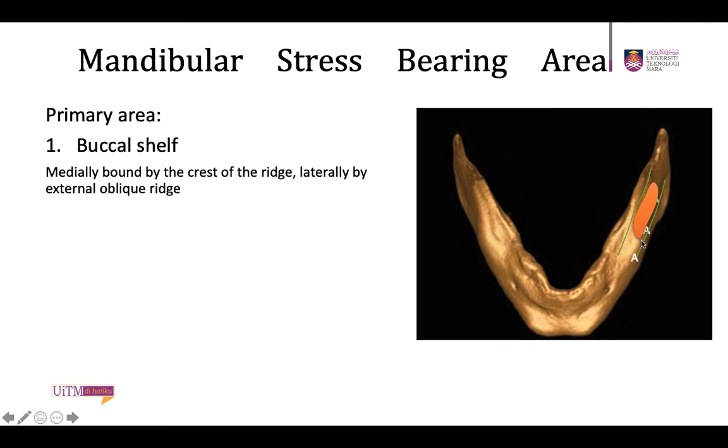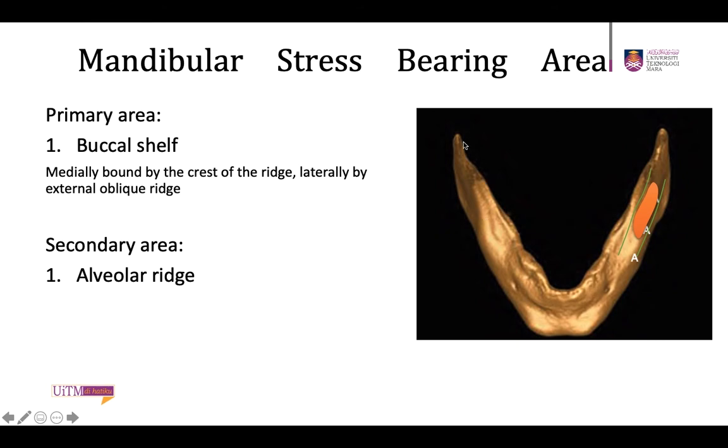Okay, this is the area that does not undergo bony resorption, and it literally stays the same throughout the patient's life. The buccal shelf is the area medially bound by the crest of the ridge and laterally by the external oblique ridge.